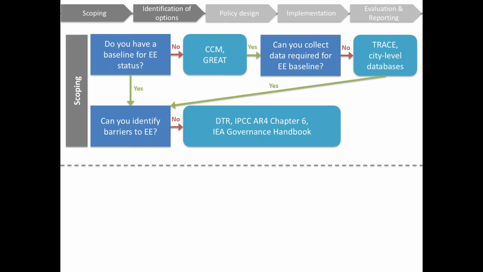Then, of course, it is important to identify the barriers to energy efficiency, which may vary from one city to another, and it also determines what kind of policy instruments can be selected as priority areas.